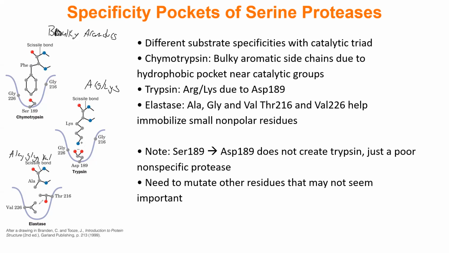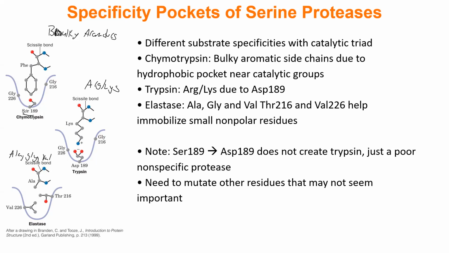Elastase, well, we don't have glycine here. We have these aliphatic molecules, so that small aliphatics, alanine, glycine, valine, can come and fit in this pocket perfectly. So you can see each pocket of these serine proteases has different amino acids to help bind different things.